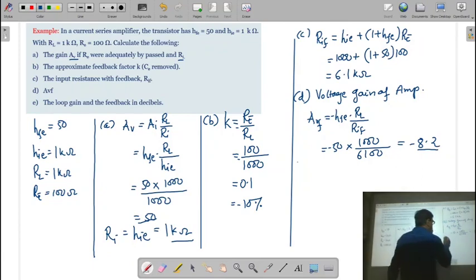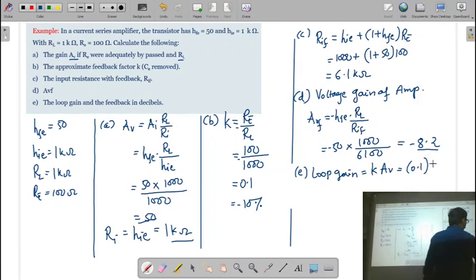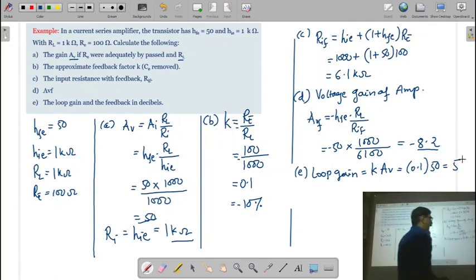How have we defined the loop gain? If you remember, the loop gain is given by K into AV, and the value of K you can put, that is 0.1. The gain of the amplifier is 50, so the loop gain will be 5, K into AV.